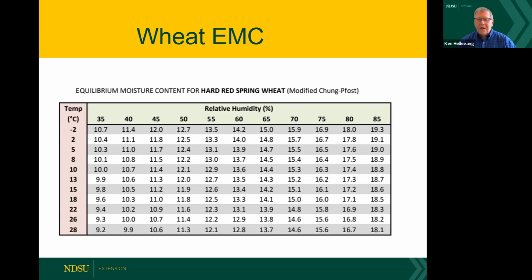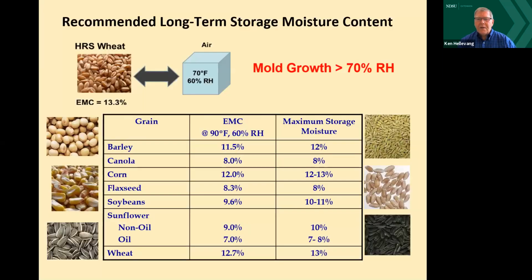So let's look then with this information at what we would need as moisture contents to prevent that mold growth. So again, at the top of this visual, I'm showing the information that we've already looked at.